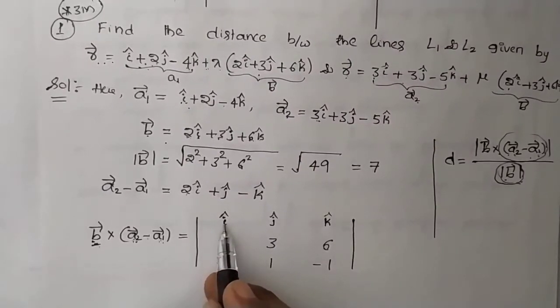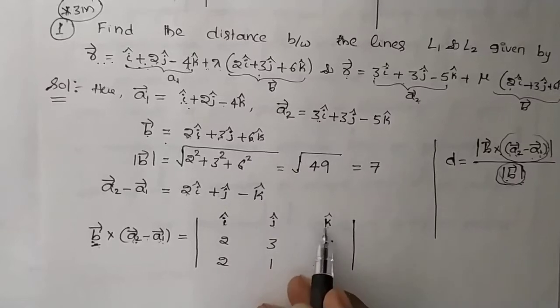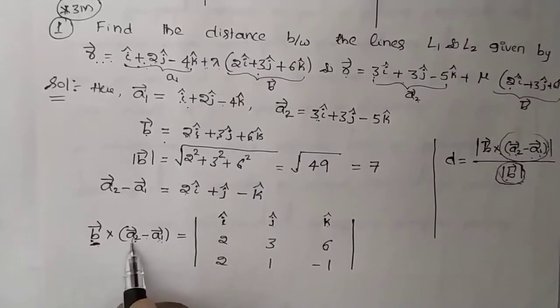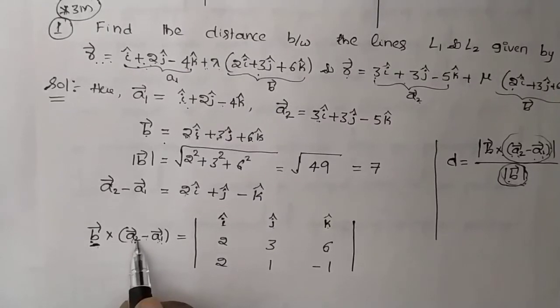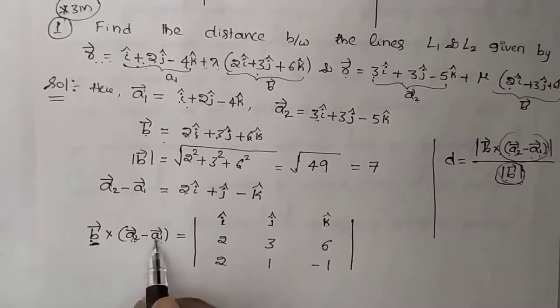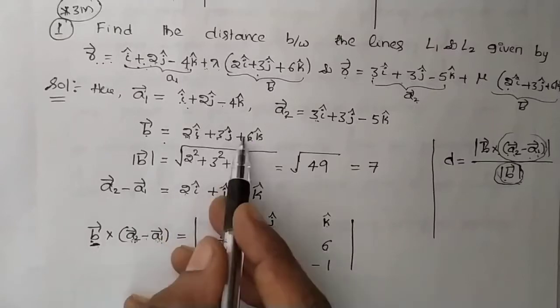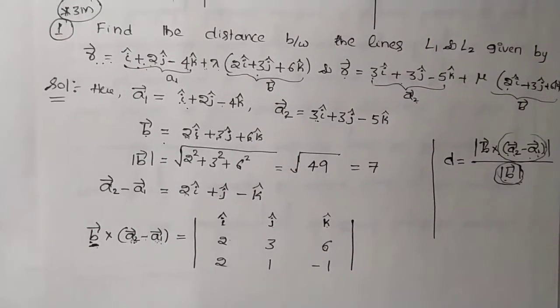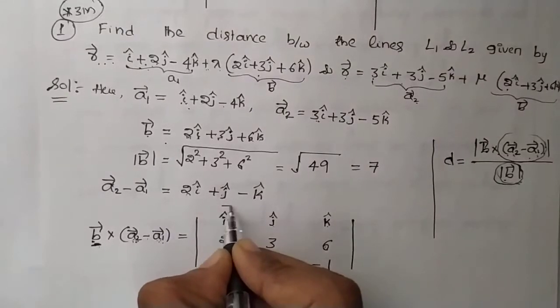Once again, first we have to find the cross product. First write i cap, j cap, k cap. After that write the components of b vector, and after that the components of a2 vector minus a1 vector: 2, 3, 6 and 2, 1, minus 1. Find the determinant value.